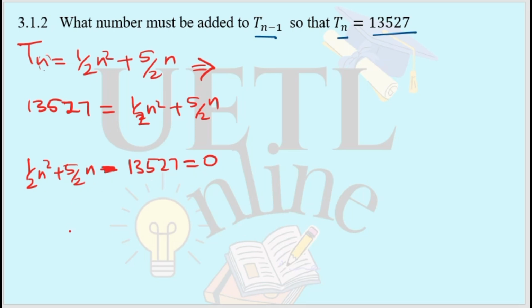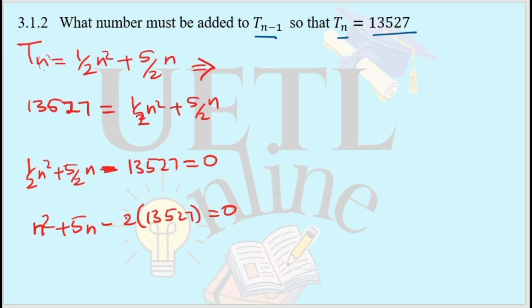Let's multiply each term by 2 so that we get rid of the fractions. So it becomes n squared plus 5n minus 2 multiplied by 13,527, which is equals to 0. So now our duty is to find n.